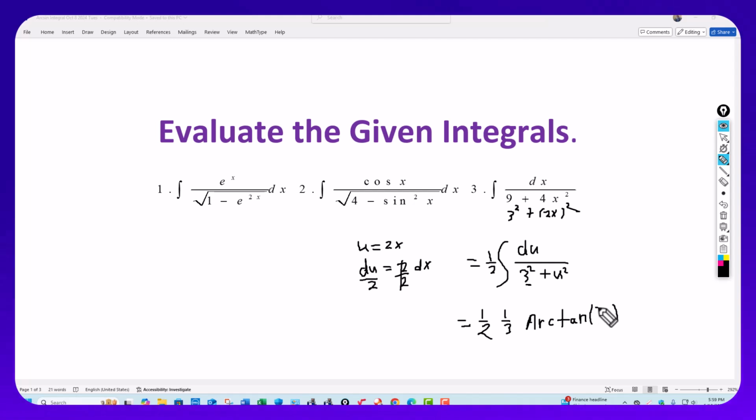In our case, the u is 2x, the a is 3, plus the constant of integration. And then to simplify, we multiply the 1/2 and the 1/3 here. We get 1/6. So the final answer for this one then is 1 over 6 times arctangent of 2x over 3 plus the constant of integration.